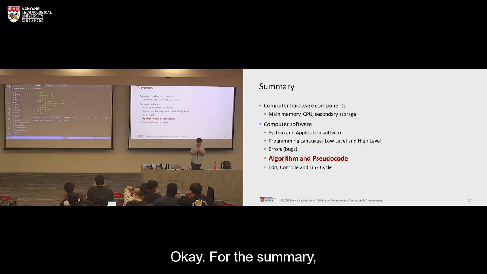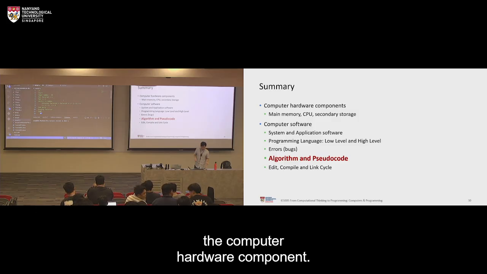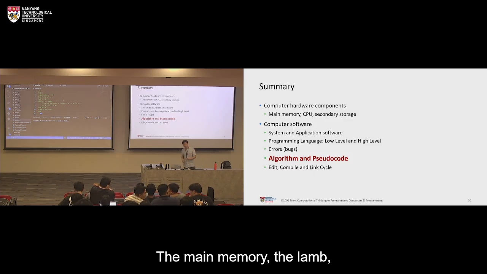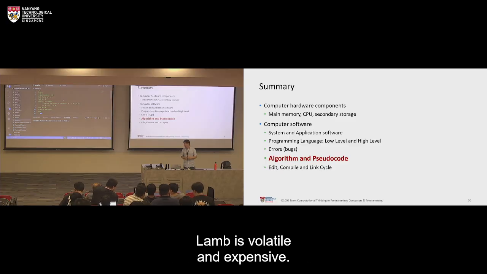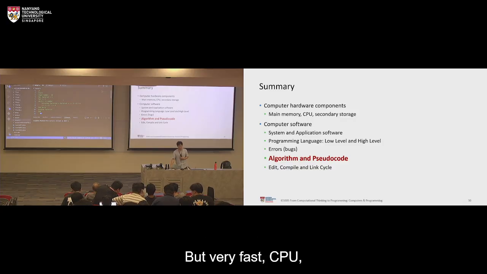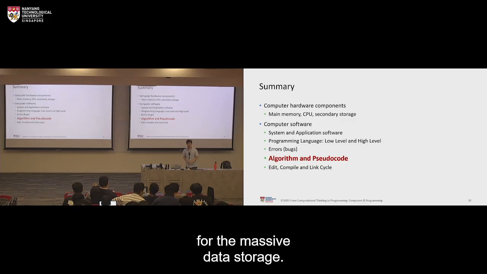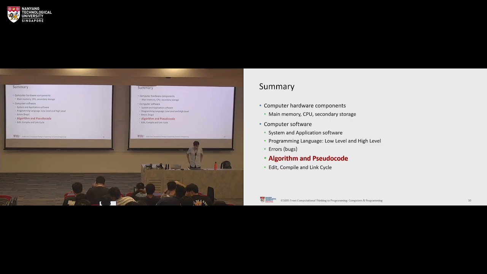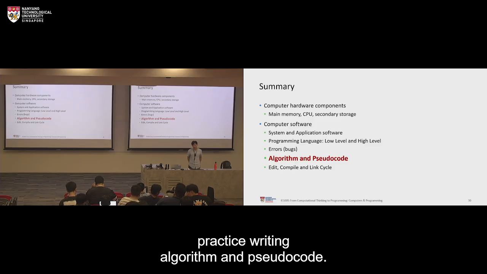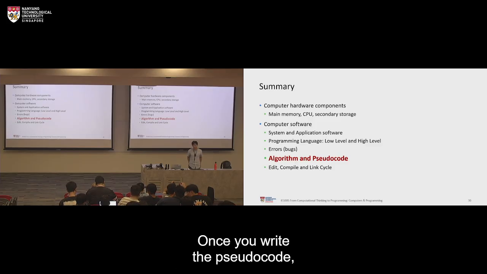Okay, so for the summary, I introduced the computer hardware components, the main memory, the RAM. RAM is volatile and expensive, but very fast. The CPU is the real brain, and secondary storage is for massive data storage. We spent most of our time practicing writing algorithms and pseudocode, right?